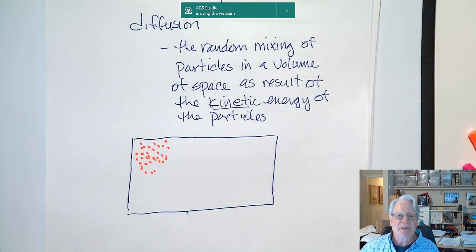And what's going to happen is that these particles will have kinetic energy. So what is kinetic energy? Kinetic energy is the movement inherent in a mass. And that's it. So it's the movement of a substance.